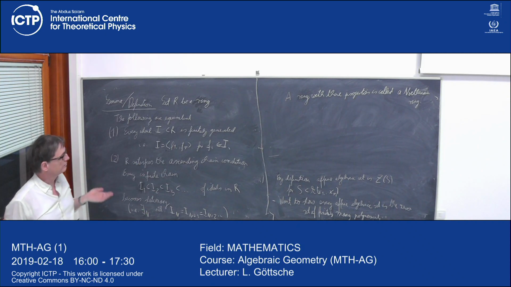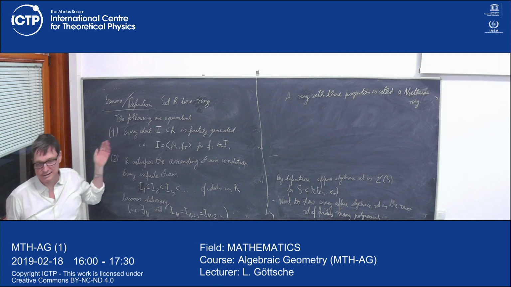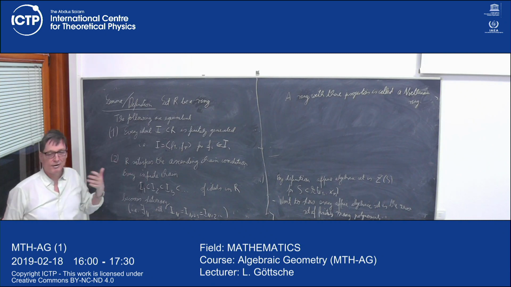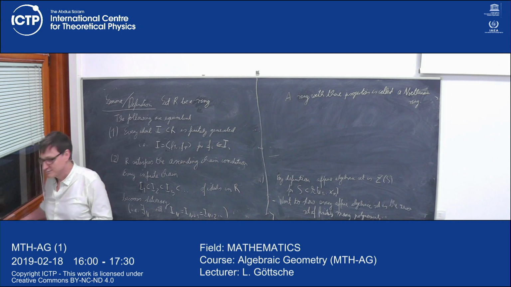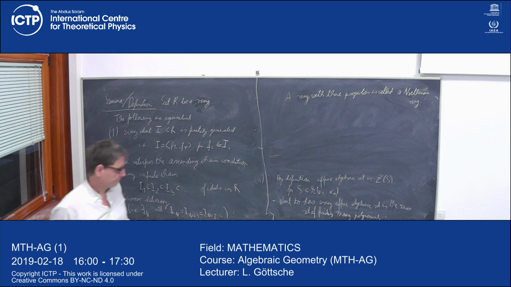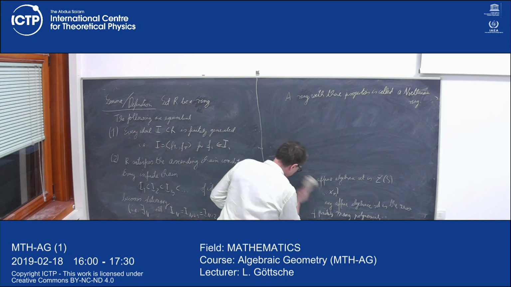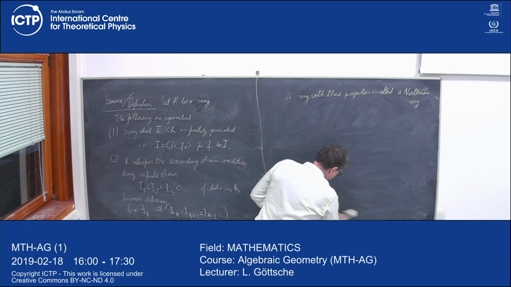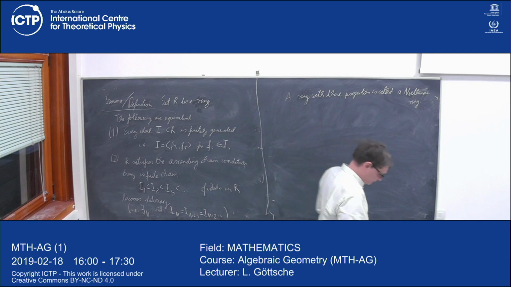We will show that k[x1, ..., xn] is Noetherian, which means that affine algebraic sets cannot be arbitrarily complicated. You can always describe them in terms of a finite amount of data, and so the properties that they have cannot be arbitrarily complicated. And that's very important, otherwise algebraic geometry would not work.